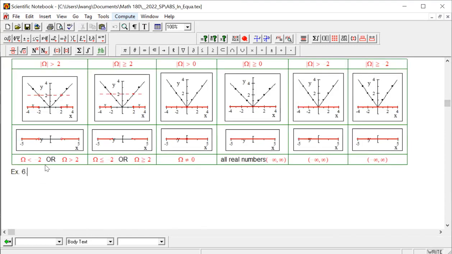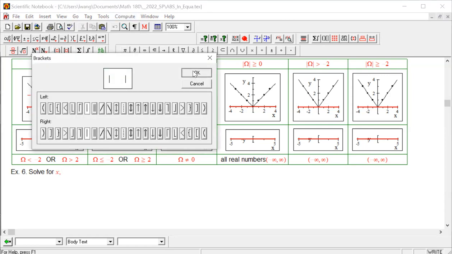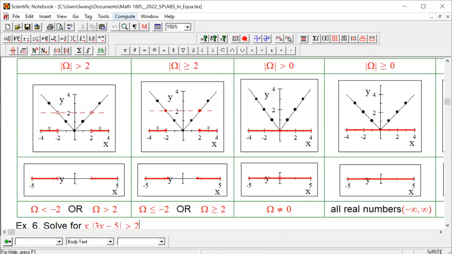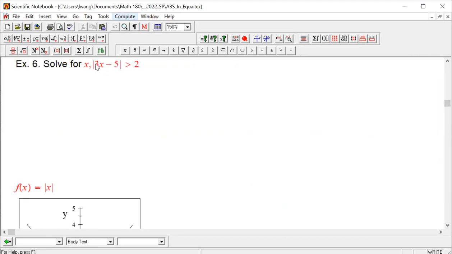For example, I'm asking you to solve for X, and here it's the absolute value of X and not just X. So imagine this X becomes a complicated expression, say the absolute value of 3X minus 5 larger than 2. So instead of one quantity, now I have this piece.